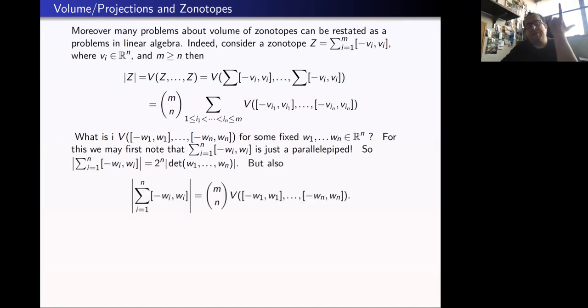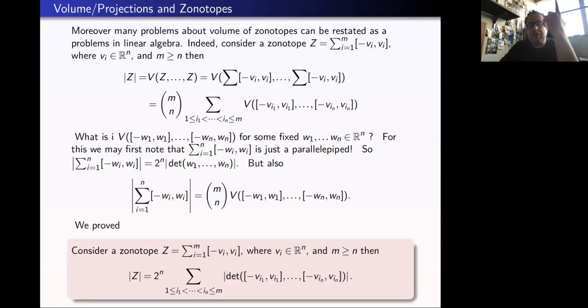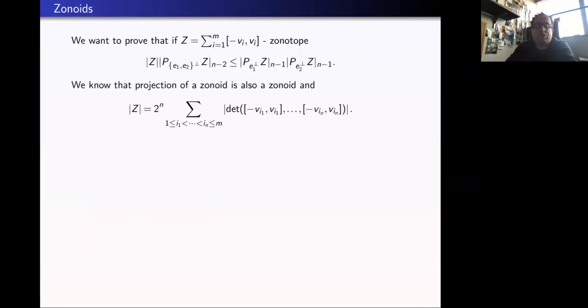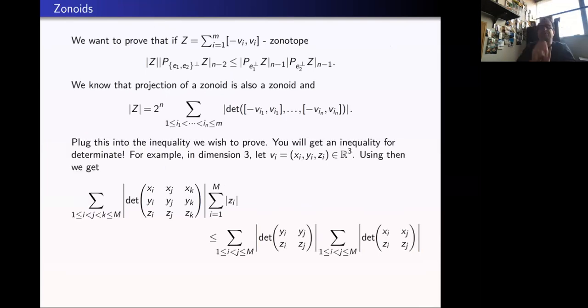And so all the questions that I showed to you, using this formula for the volume of a zonoid as a sum of determinants, because you remember a zonoid was the sum of mixed volumes, you can translate. So this question on projections, I'm sorry, I'm jumping, I'm just showing to you, you can translate to such simple-looking inequalities on determinants. So all of those questions are those inequalities on determinants.